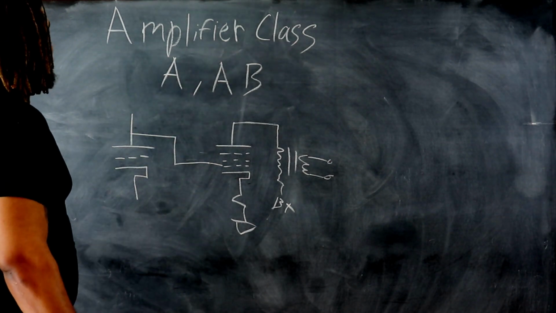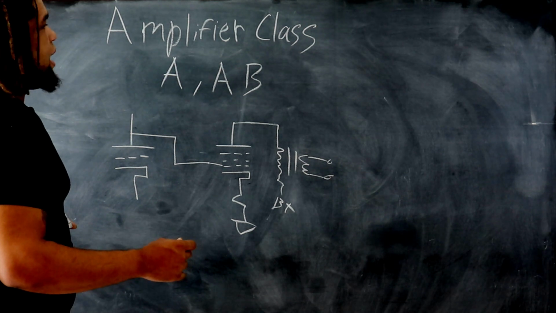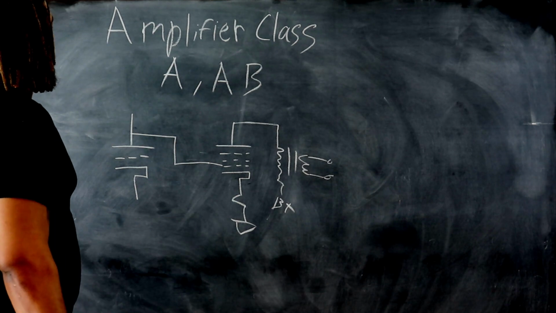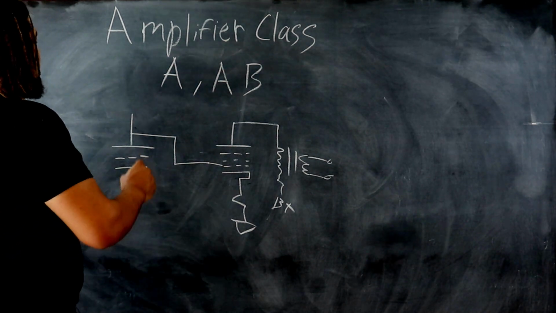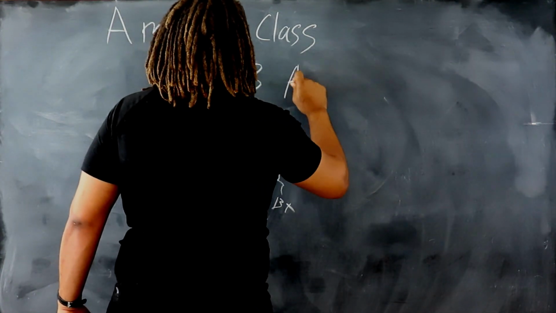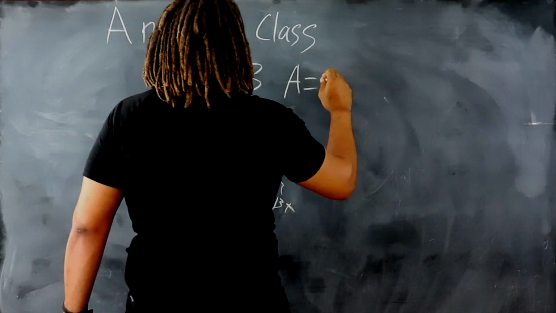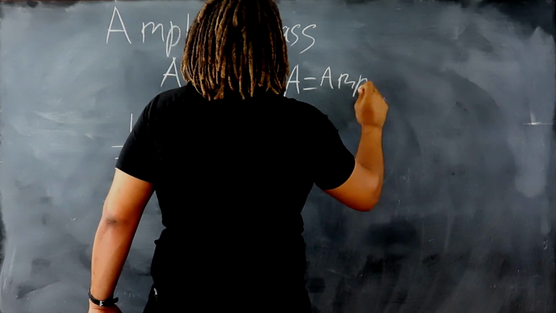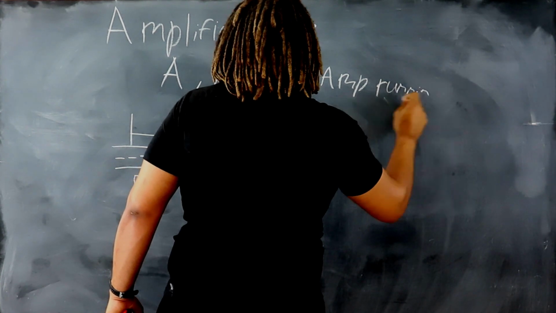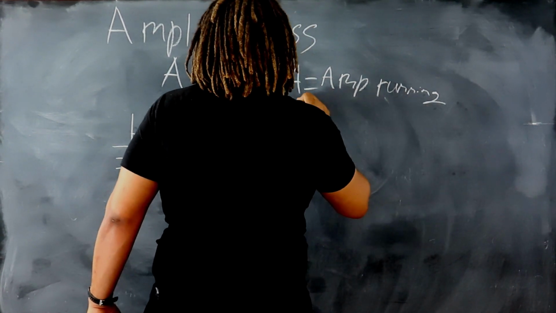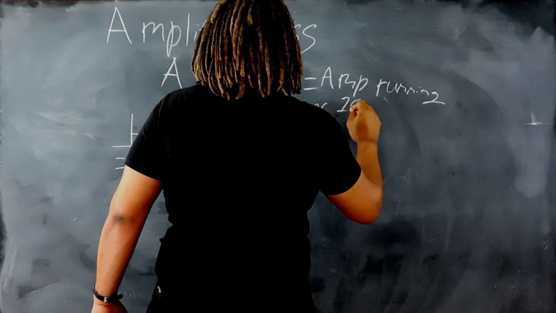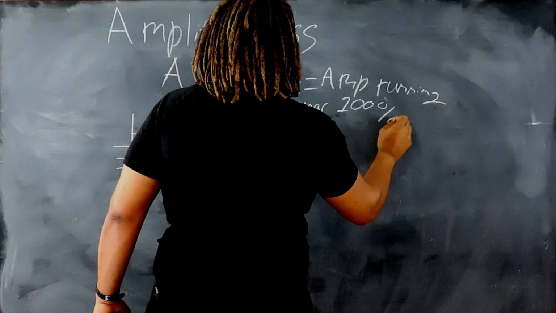So if I was going to define simply what a Class A amplifier would be, it would be an amplifier that's running, let's say, near 100%. So Class A would equal an amp running near 100% all the time.